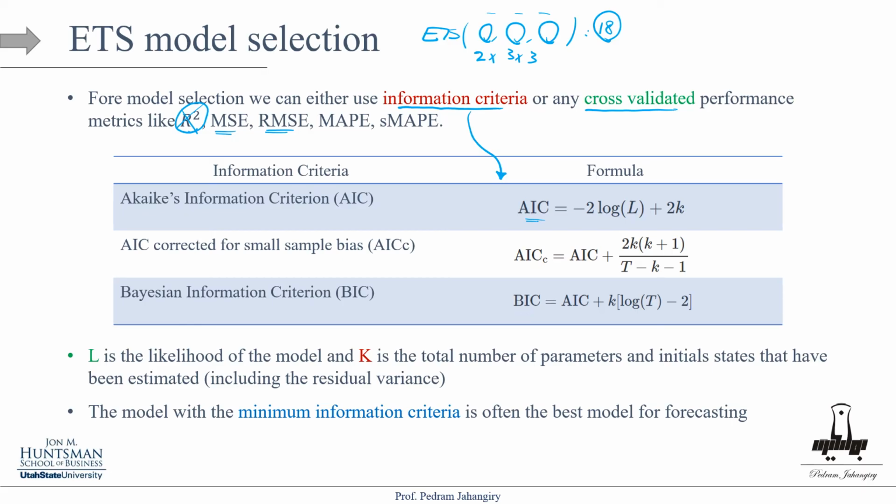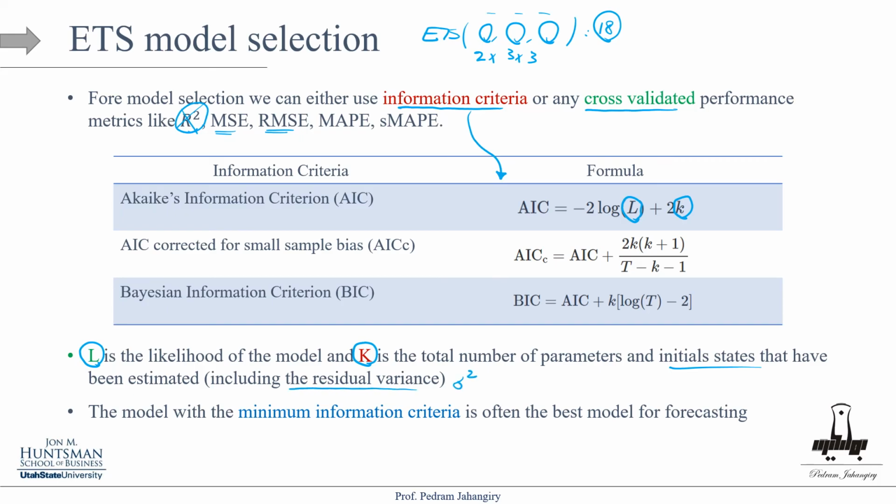In all these formulas, they're pretty much the same, but one of them is, for example, penalizing adding more parameters more strictly compared to the other ones. But at the core of them, there is this likelihood function, which we are pretty much familiar with. And K is the total number of parameters and initial states, as well as the residual variance, your sigma square.